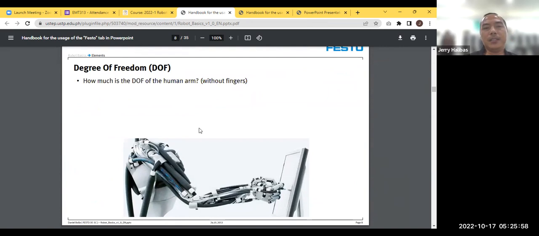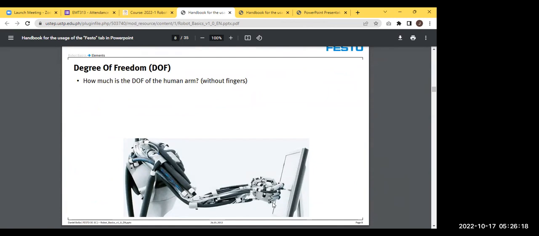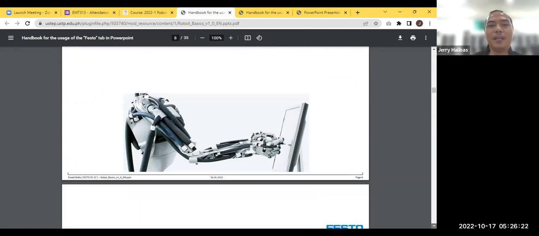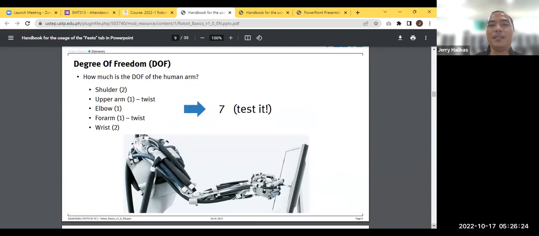Then the question is, how about relating it to the human arm? How many degrees of freedom does the human arm have without the fingers? Without the fingers, but the hand is included. 3, sir? So actually the answer is 7.